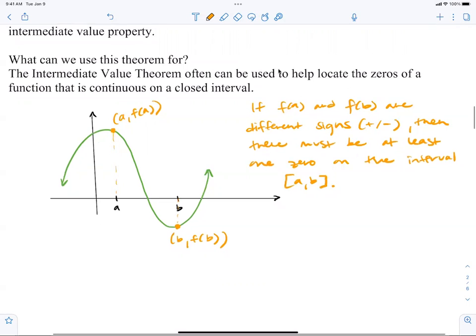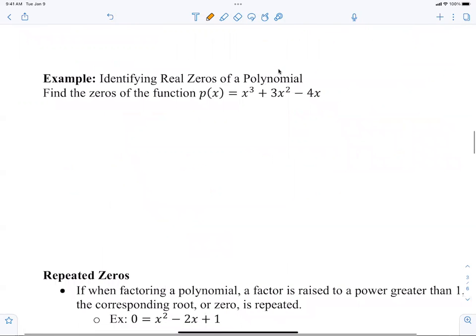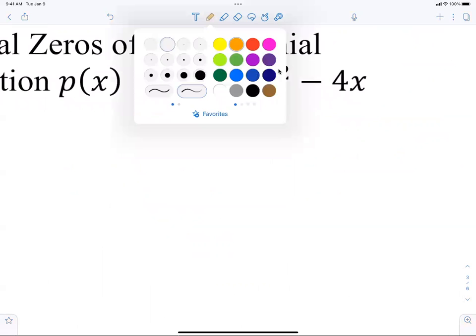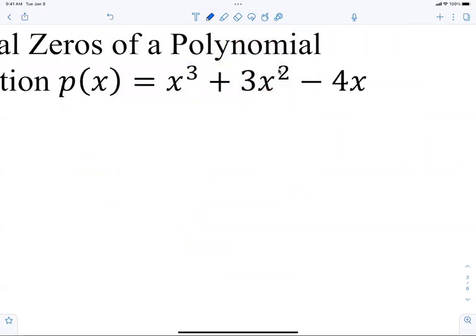Any questions so far? Okay, so let's look at an example of finding the zeros of the given polynomial function. Now, the only tools that we have for solving polynomial equations and finding the roots, which is whenever you set y equal to 0 and solve for x, are factoring, and then for quadratics, we can use the quadratic formula or completing the square.